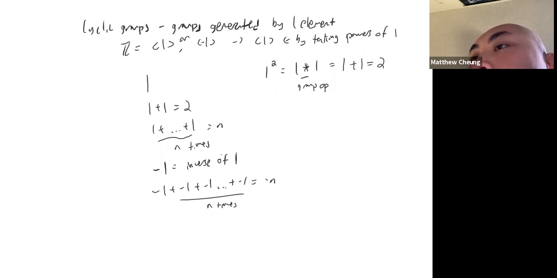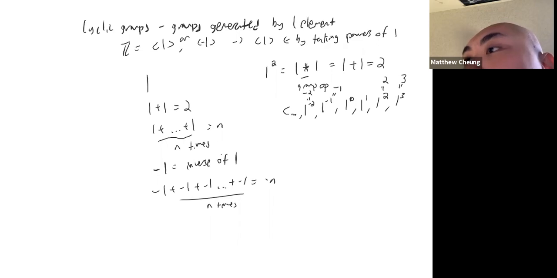So this thing generates all of Z. Because you have 1 to the 0, which is 0, and 1 to the 1 is 1. 1 to the 2 is 2, 1 to the 3 is 3. The inverse of 1 is -1, and so on, -2, and so on. So you see, in a sense, 1 generates the whole group.